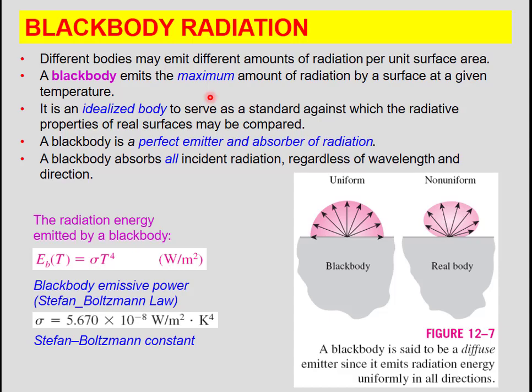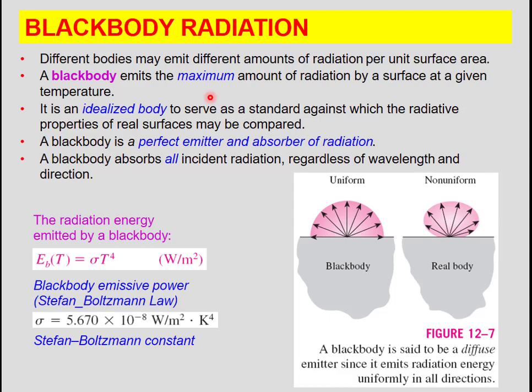Similar to other methods of heat transfer, objects with different surface areas may produce different amounts of radiation. And this depends on some characteristics of the object.